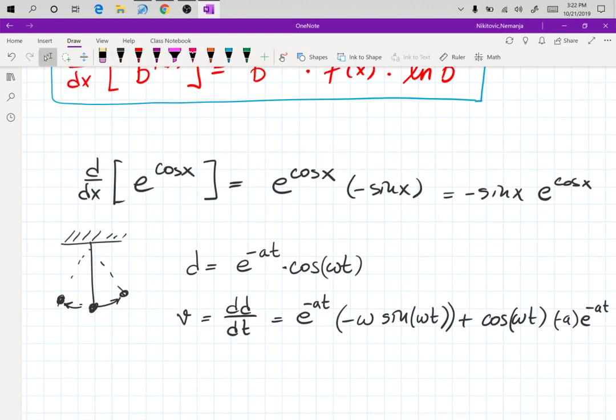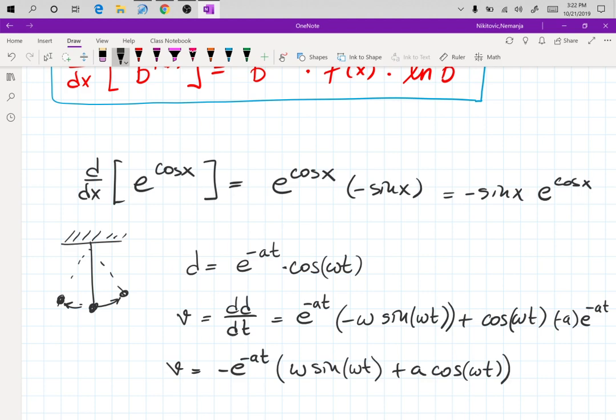So when you simplify, now velocity is going to be, you can factor out negative e to the negative at, and what's left is omega sine omega t plus a cosine omega t. And there it is.